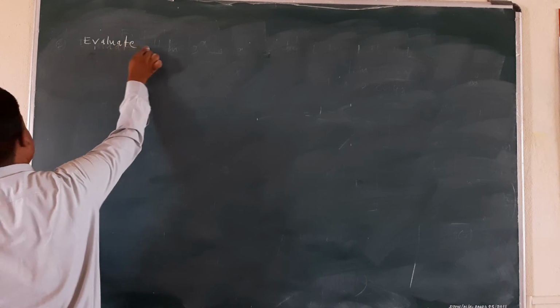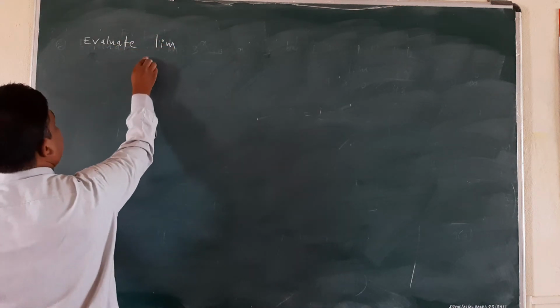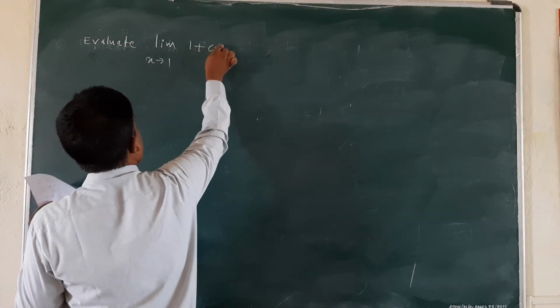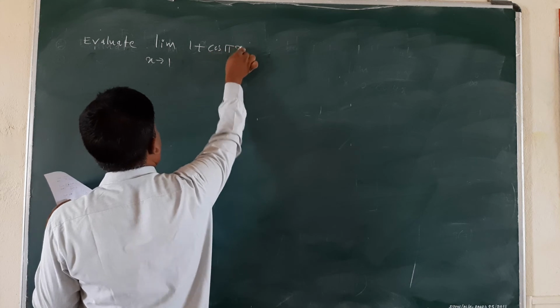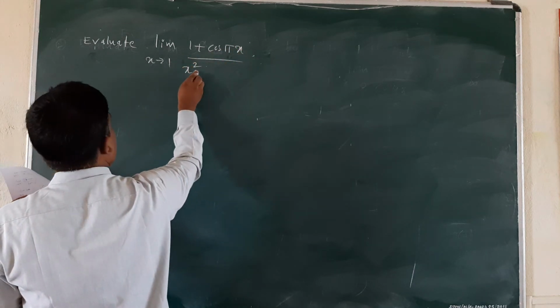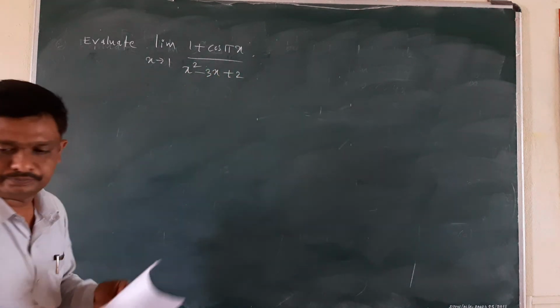Evaluate limit as x tends to 1 of 1 plus cos pi x upon x square minus 3x plus 2.